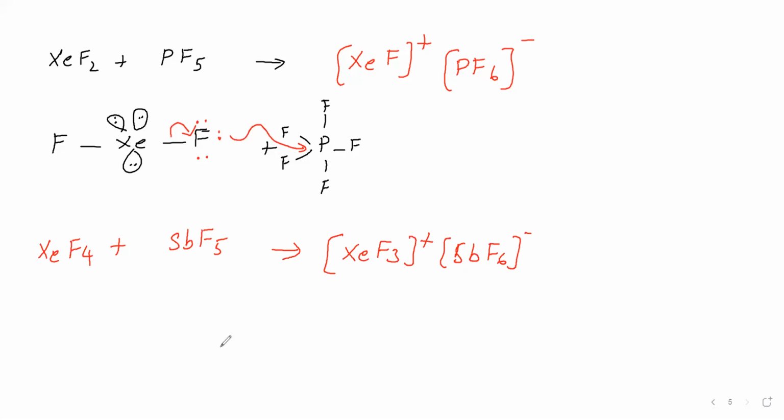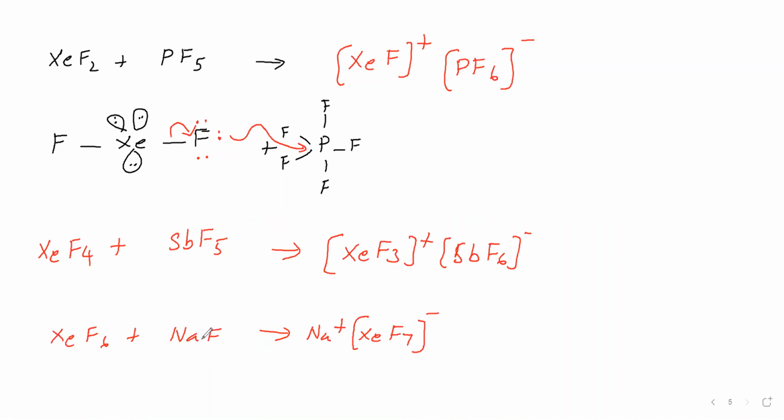Okay. Next step. We'll take XeF6. Then we will take NaF. So what we are getting, in the sense, Na plus XeF7 minus. Here this XeF6 is accepting F minus, this NaF is donating F minus.